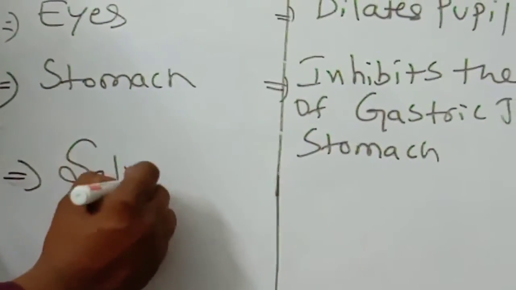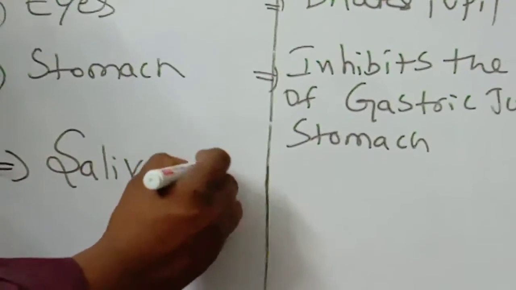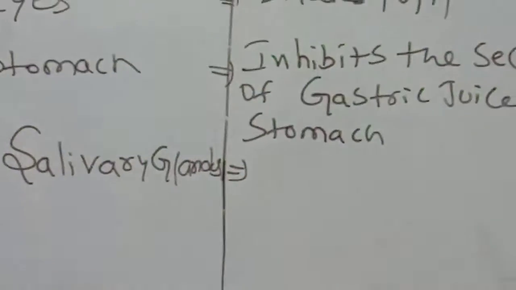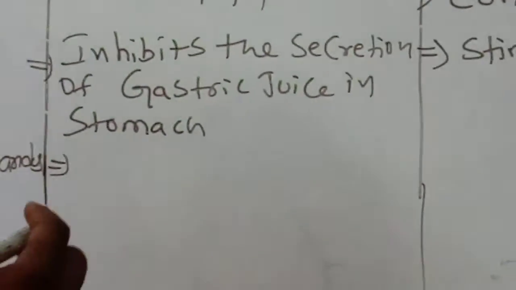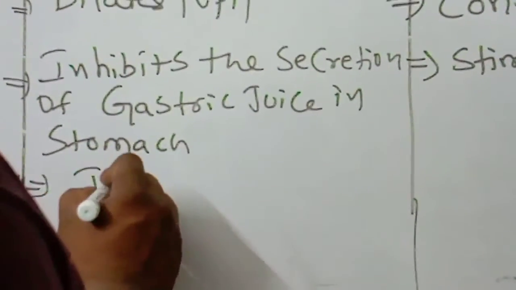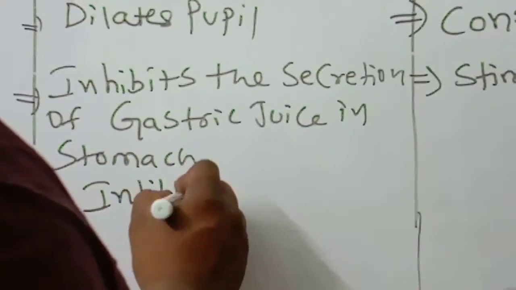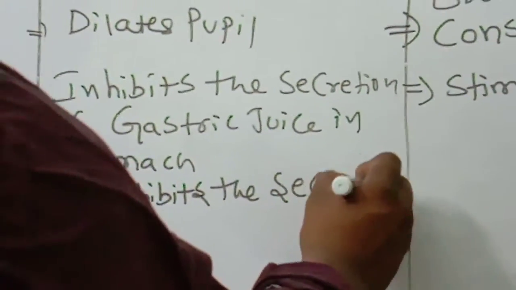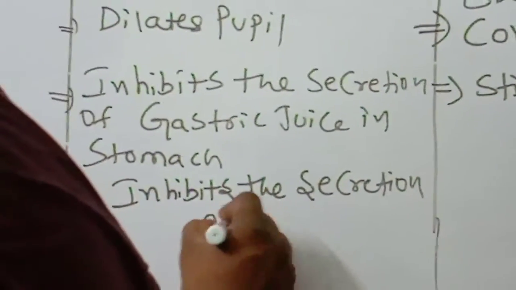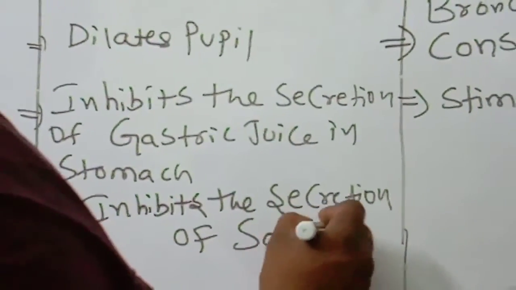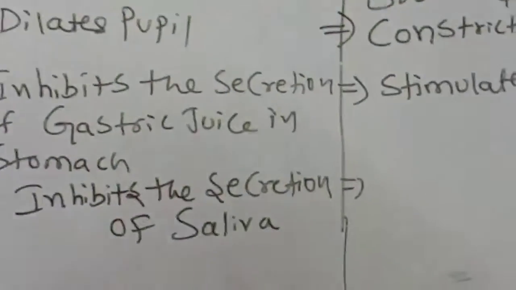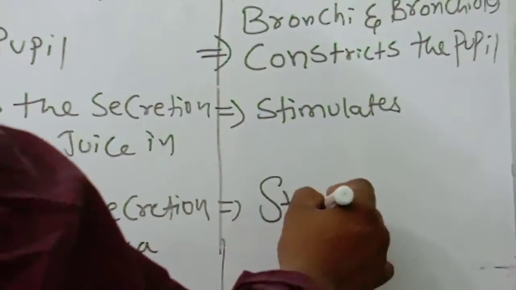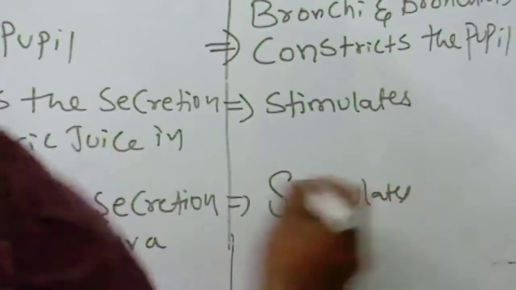Next important one, salivary glands. Sympathetic inhibits the secretion of saliva, but here parasympathetic stimulates the secretion of saliva.